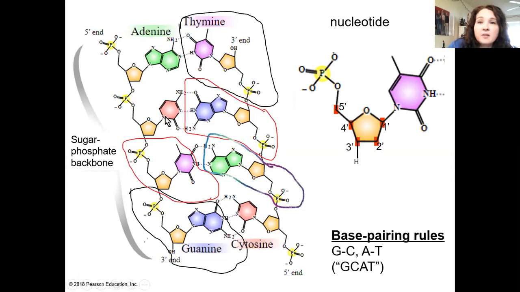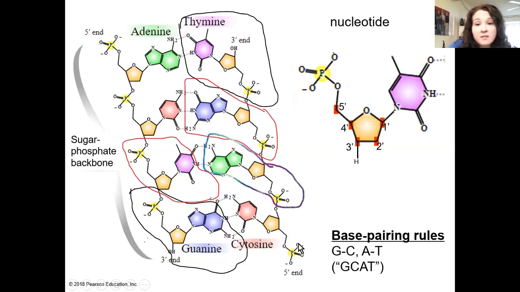On the left side, you see that the 3' carbon right there is the last carbon of that side of the DNA. So we call this the 3' end. And then up here, the 5' carbon is the last carbon. And so we call that the 5' end. And then it's exactly the opposite on the other side of DNA. The 3' end is the last on this side, and the 5' end is the last on this side.